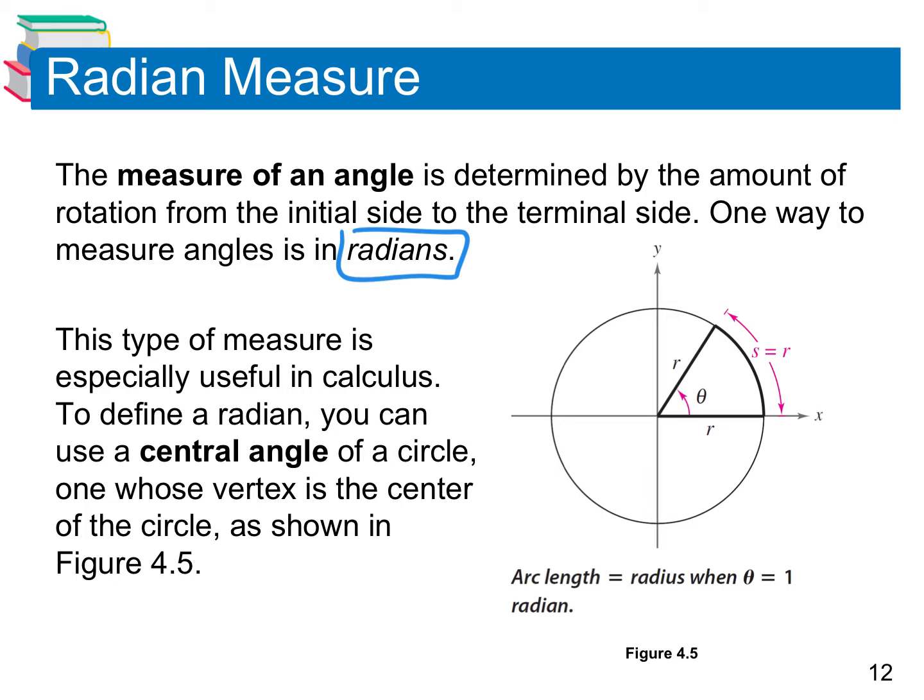To define a radian, you can use a central angle of a circle, one whose vertex is the center of the circle, as shown here. Here our angle measure is this theta, and we would measure it in radians.